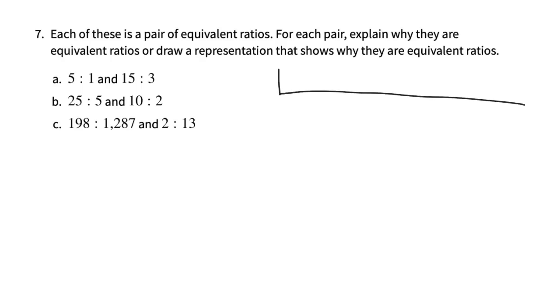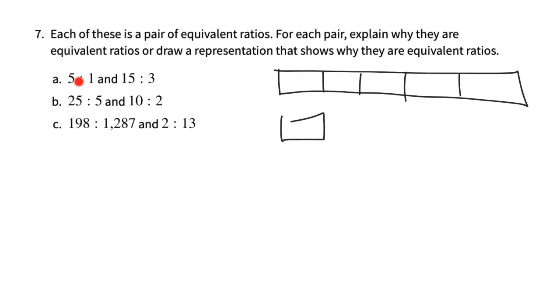So here's my 5, 1, 2, 3, 4, 5, and here's my 1. To prove that the ratio of 5 to 1 is equal to 15 to 3, all I have to do is cut each of these into 3 more pieces, and so the 5 becomes 15 and the 1 becomes a 3.